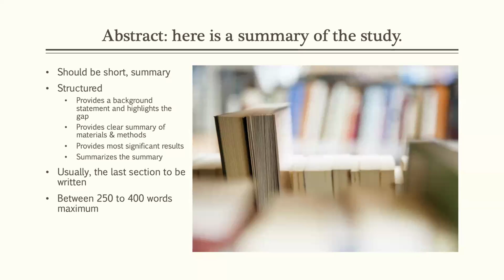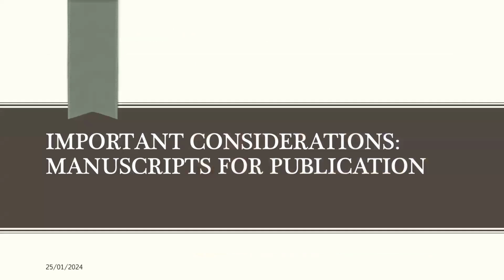So you provide short statements about background and gaps and justification and the aims and objectives of your study. Then provide a clear summary of materials and method, provide most significant results, then summarize the findings of the study. So very, very short, usually between 250 to 400 words at the maximum for the abstract.